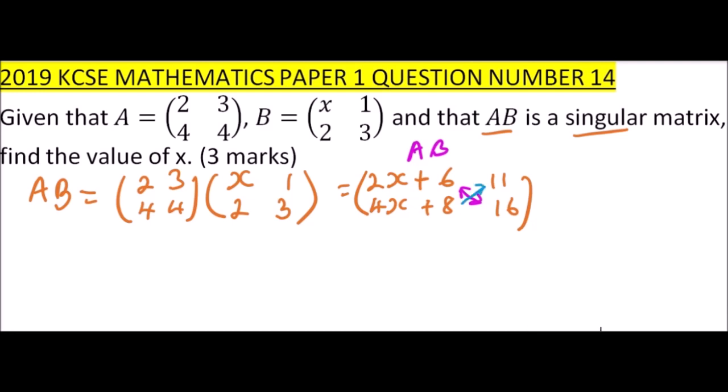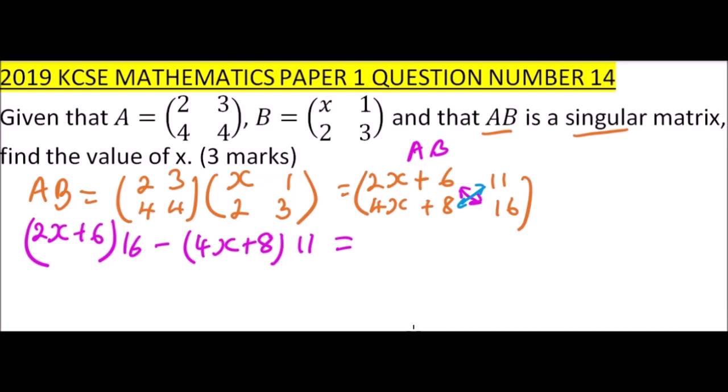This is the other diagonal. So we now multiply 2x plus 6 by 16, and we minus 4x plus 8 multiplied by 11. That should give you 0, because we are told it is a singular matrix.